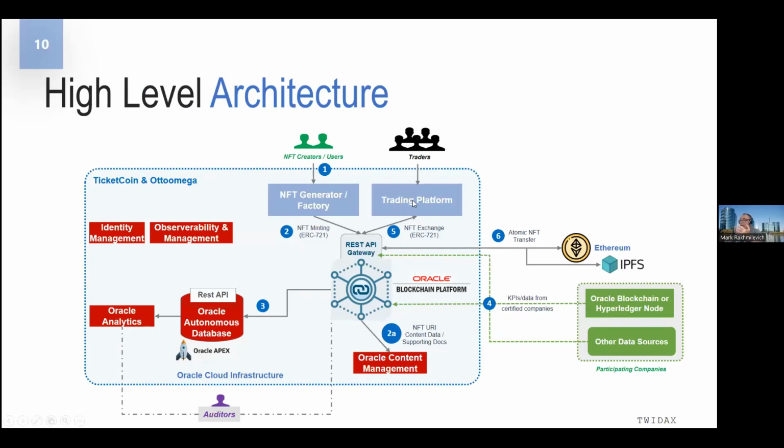And then you can use a trading platform for exchange either on Oracle blockchain or you can move it to an Ethereum-based environment using atomic NFT transfers, which I talked about earlier. And so this is a solution that will support this marketplace, if you will, for different types of investment products. And they're beginning to see strong interest in that.